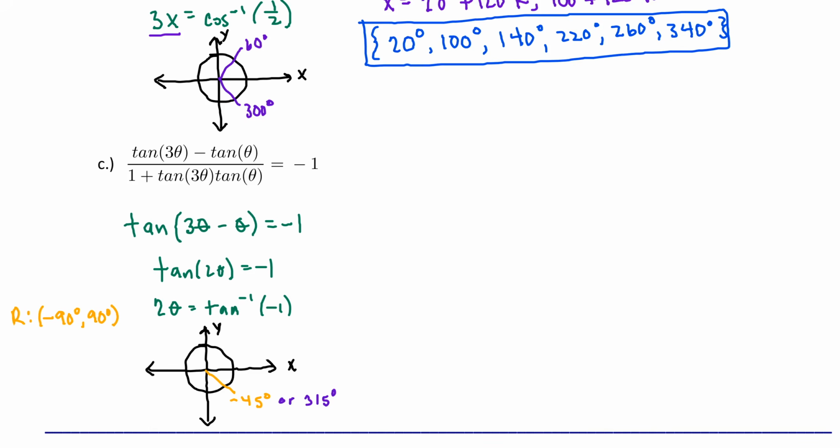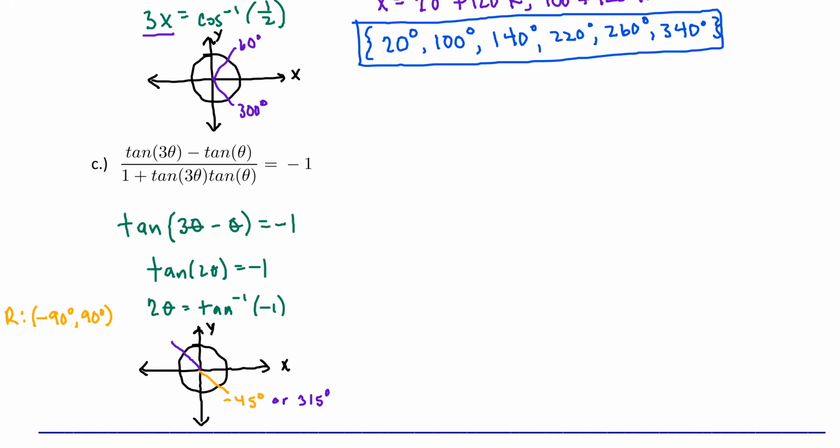Tangent is also going to be equal to -1 over here in quadrant 2 at 135 degrees. Now recall, with our tangent equations, we can express our solution to 2 theta as 135 degrees plus any multiple of 180 degrees.